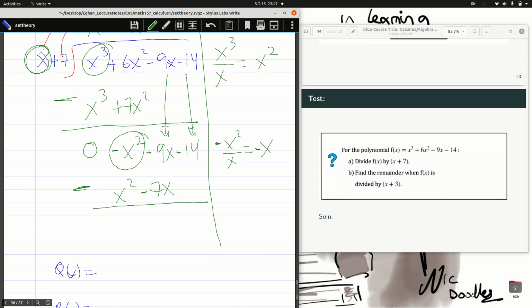So I get 0, negative 9 plus 7, I'll get negative 2x, and then I drop this last term here, minus 14, because it hasn't been used yet.